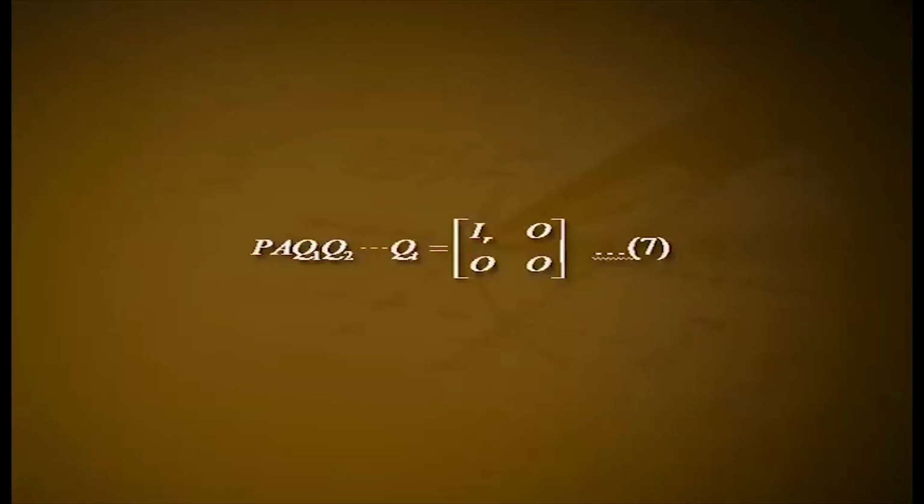Being a non-singular matrix, Q can be expressed as Q is equal to Q1 Q2 ... Qt, where Q1, Q2, ..., Qt are elementary matrices. Thus, P A Q1 Q2 ... Qt is equal to [Ir 0; 0 0], equation number 7.